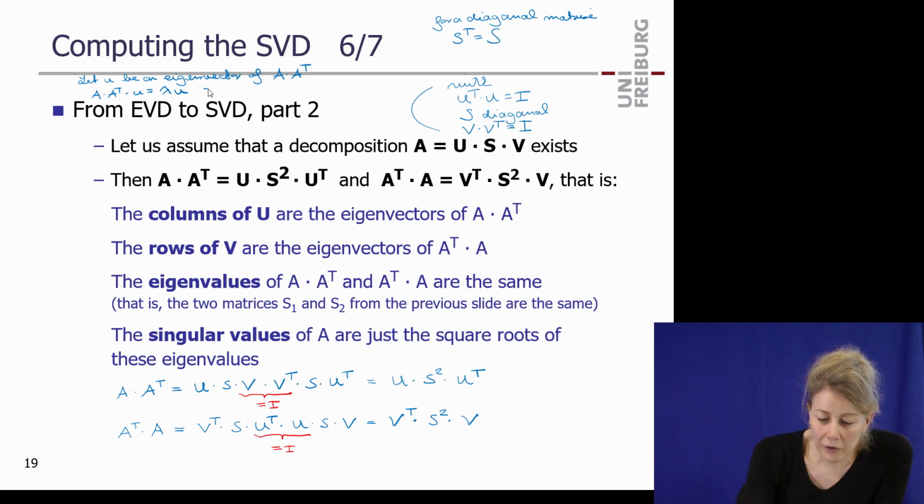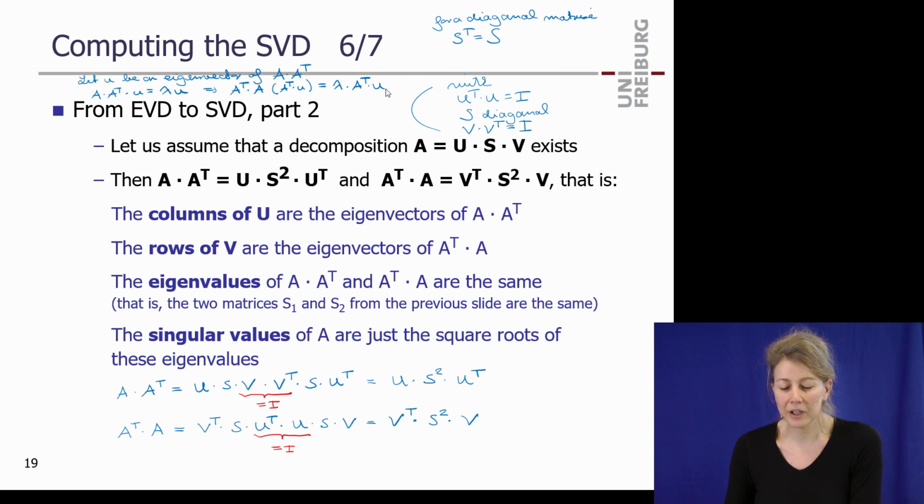If you multiply the whole thing by A transpose, you get A transpose times A times A transpose times U is equal to lambda times A transpose times U, because everything is linear.